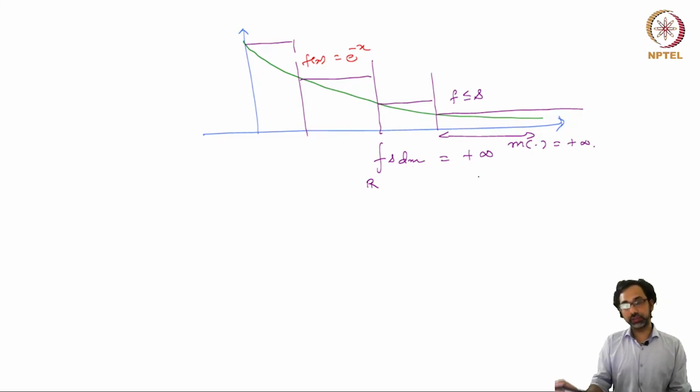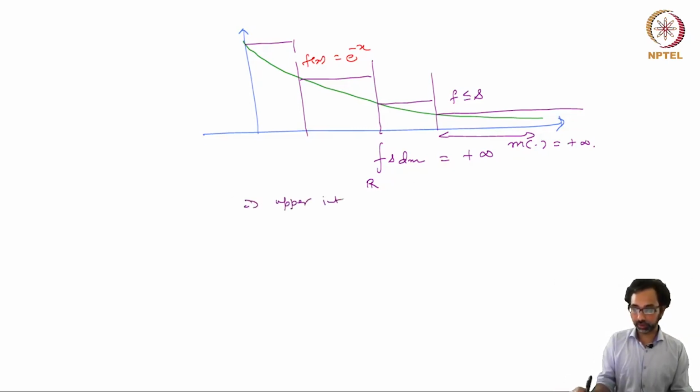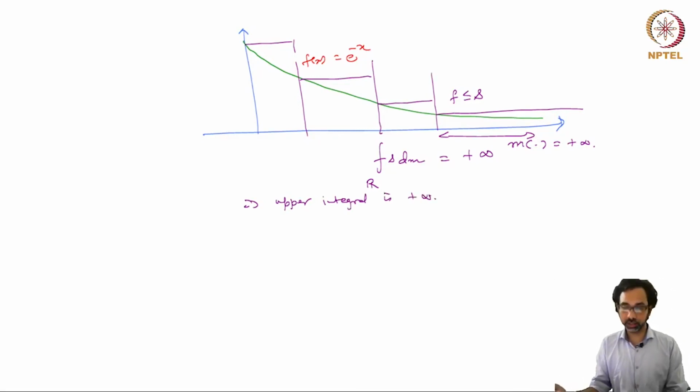So even if you have bounded functions which take strictly positive value over a set of infinite measure, the upper integral is plus infinity. So again it is not interesting.